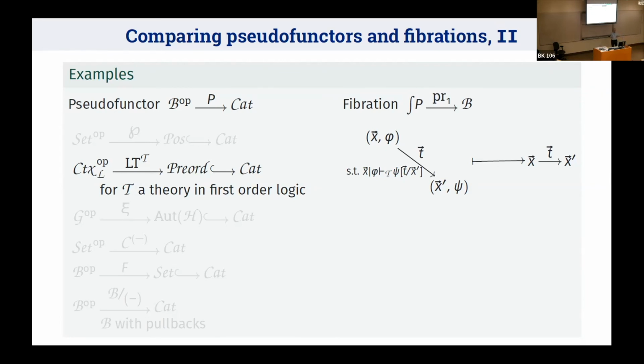This is standard in logic. Well, I need to be more precise. I take a list of variables, and phi is paired with that list because phi is written using at most the variables that appear here. And this is psi, written with at most these variables.